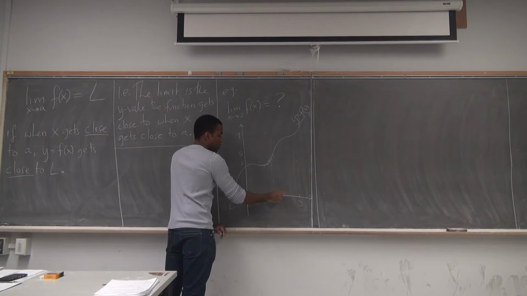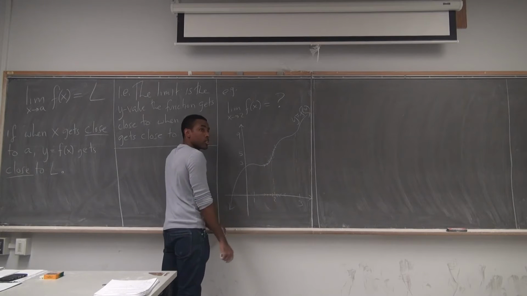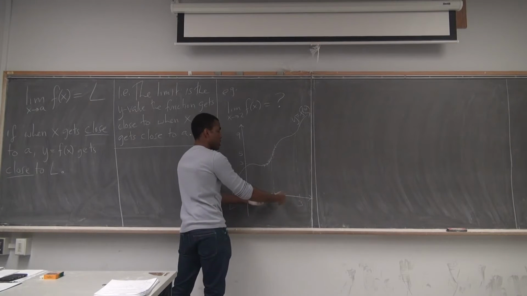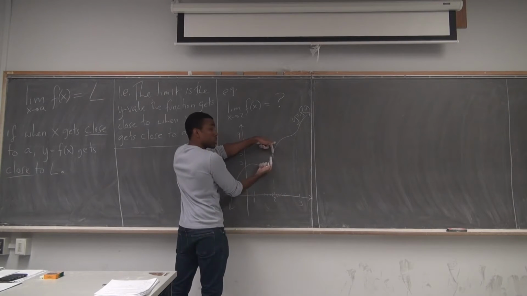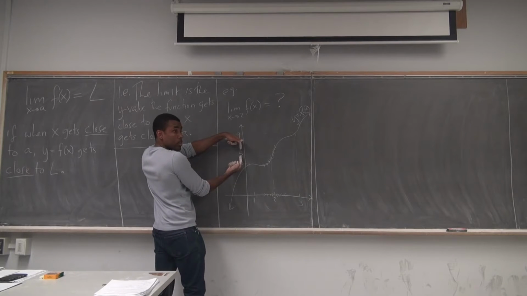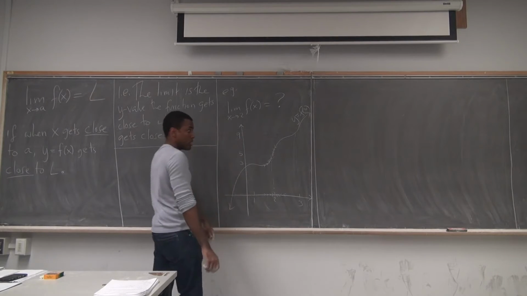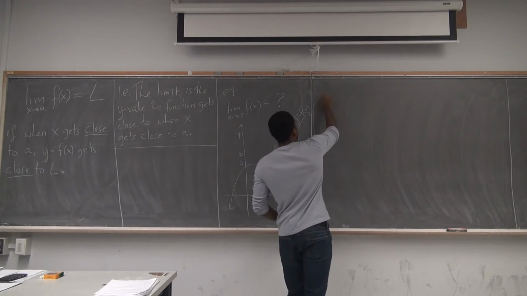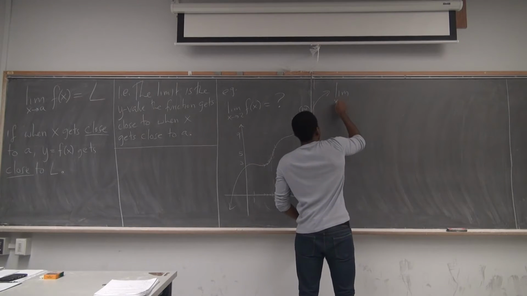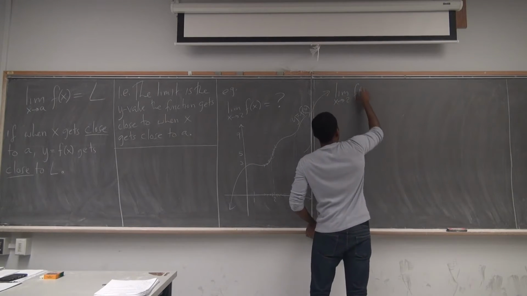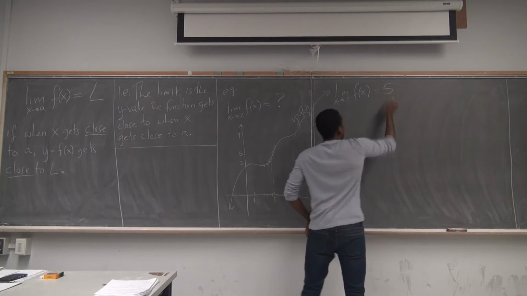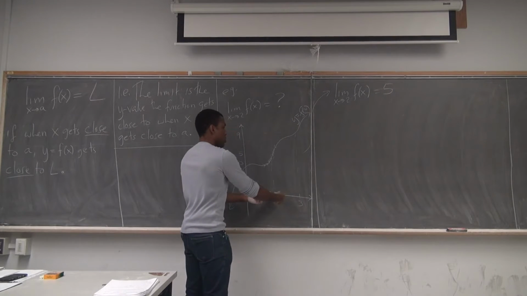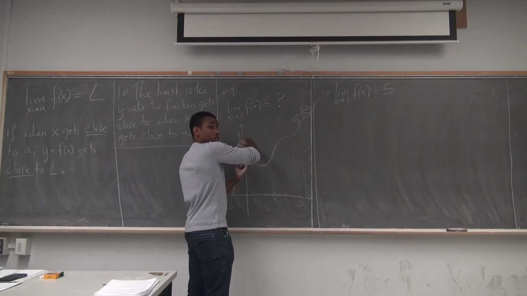If I'm getting close to 2 from the other side, my y values will be moving closer to this, right? So as I close in on 2, my y values will close in on the number 5. So in this case, I can say the limit as x approaches 2 of our function is 5. When my x gets close to 2, my y values get close to 5.